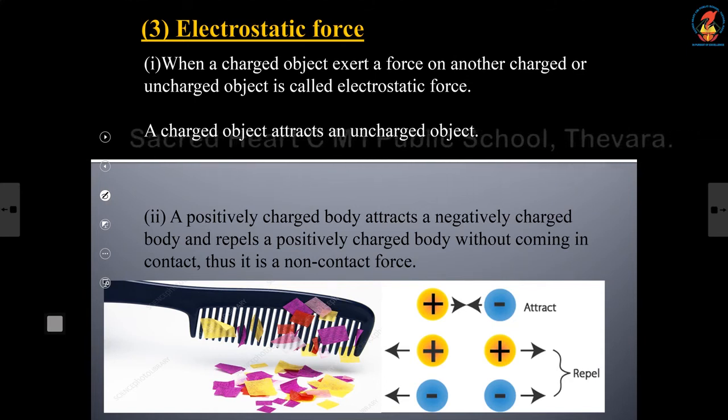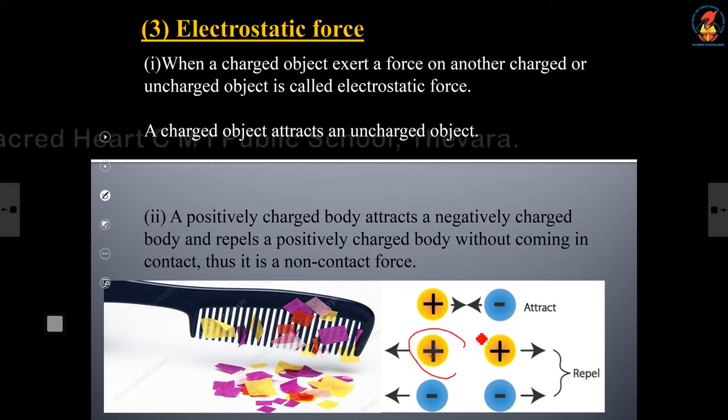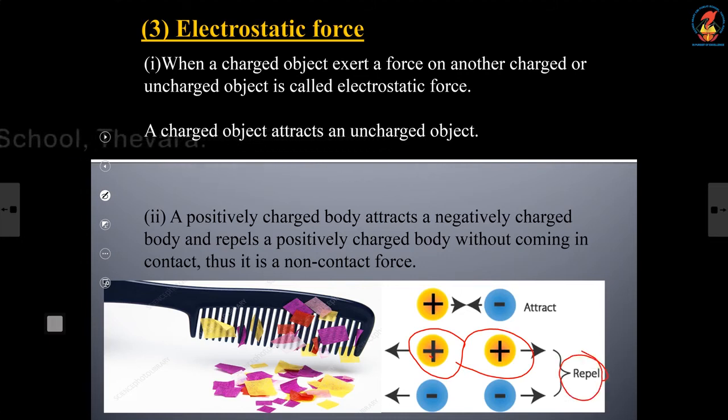So, when positive and positive come together, what will happen? Like charges will repel. Unlike charges will attract. Positive and negative will attract. When positive and positive come together, they will repel.